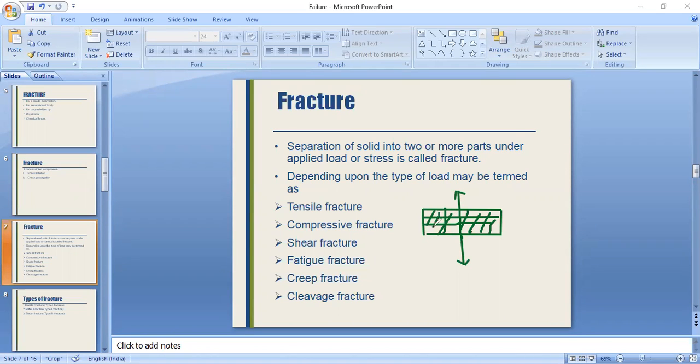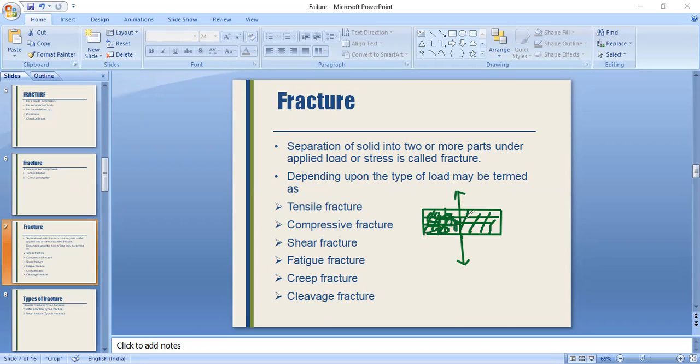Why does this material get fractured? Due to overloading or continuous loading, the bonding between the atoms inside the material starts to lose its energy, or starts to lose the bonding between the atoms.